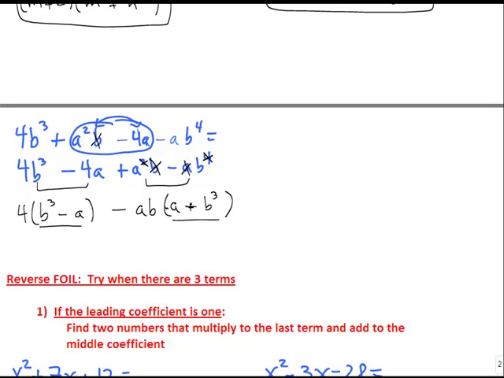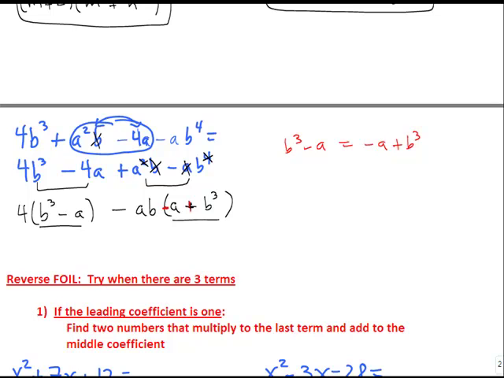So all we've really done there is change our signs. We now have a minus a and a plus b cubed. And remember that b cubed minus a is the same as negative a plus b cubed because, again, addition is commutative, so we can swap the order around here.